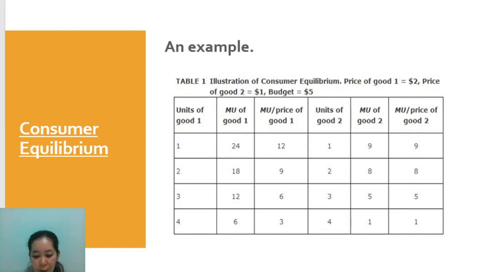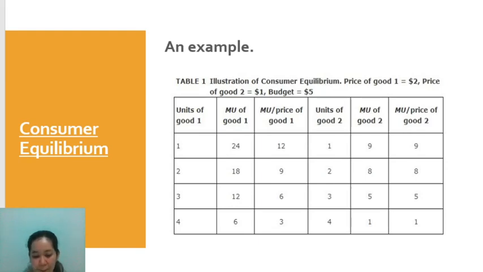The marginal utility per dollar spent on the first unit of good number 1 is greater than the marginal utility per dollar spent on the first unit of good number 2, because in good number 1 the ratio is 12, while that of good 2 is 9. Because the price of good number 1 is $2 per unit, the consumer can afford to purchase this first unit of good 1, and now she has $3 remaining.